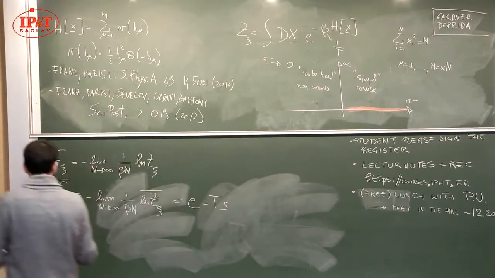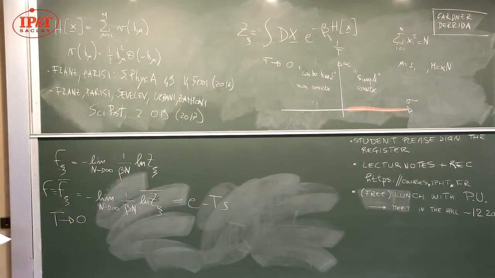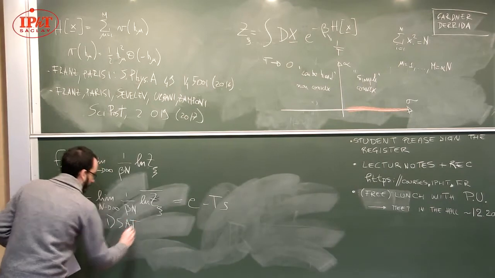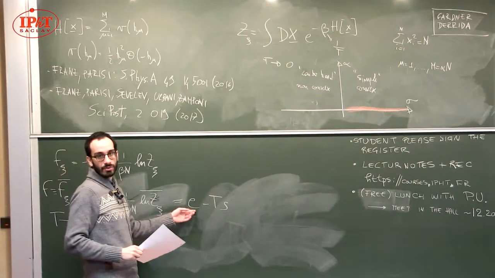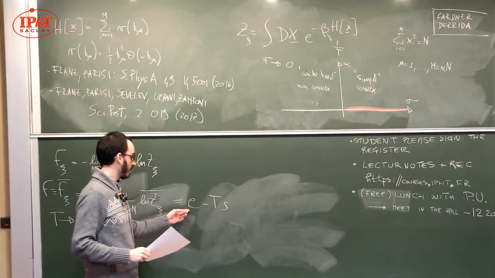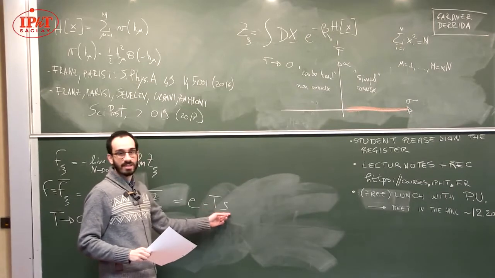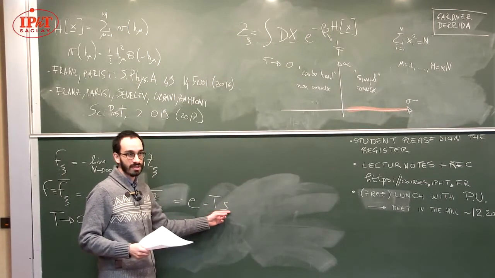And now let me discuss a bit more the T going to 0 limit. If you are in the SAT phase, then you know that the energy is 0, because you can find solutions to the constraint satisfaction problem. So the free energy is just minus T times the entropy, and the entropy is just the log of the number of solutions of the CSP.